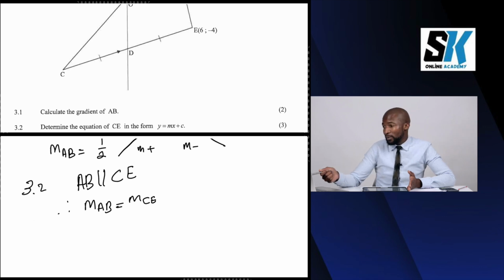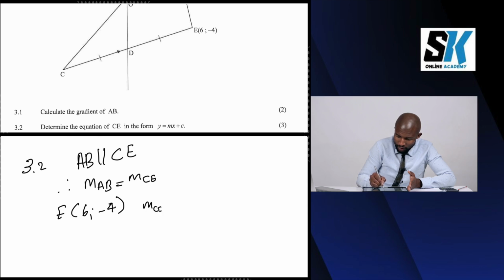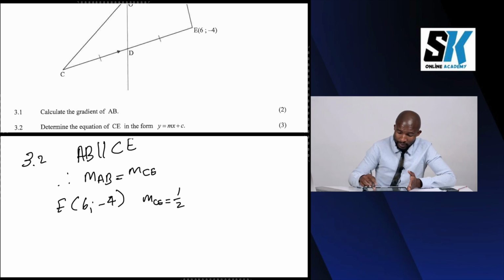Now we're going to simply use the coordinates of E, which are (6; -4), together with that gradient that we just got, which is a half, to get the equation of the line CE in the form y is equal to mx plus c.